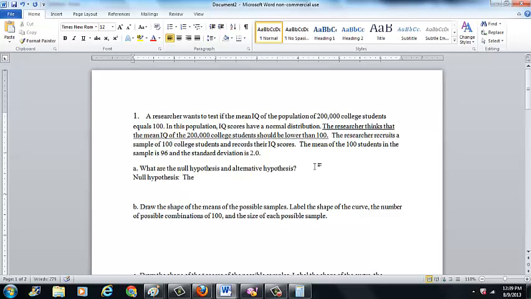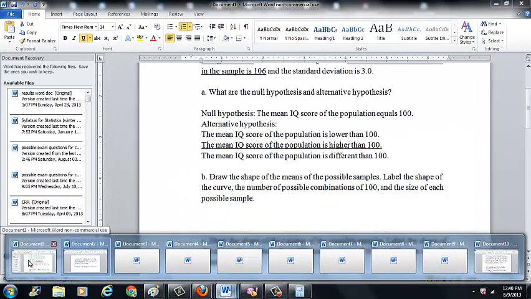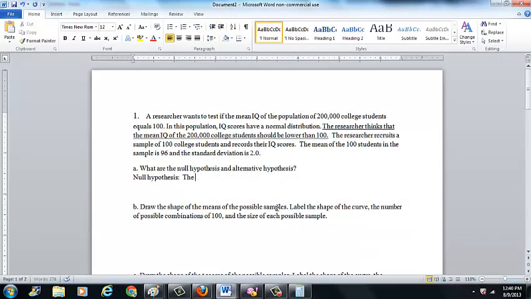It says that the mean IQ score of the population equals 100, because the null hypothesis just says that the population mean does equal the value being tested, and we're testing if it's 100.